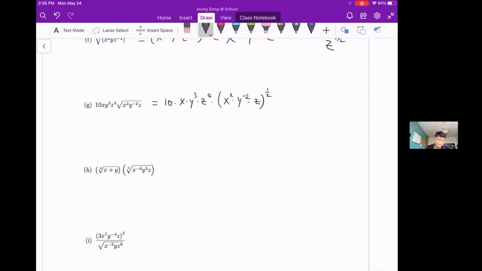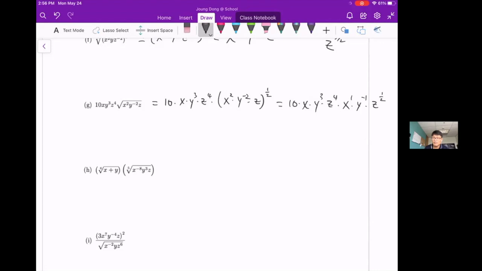Is that okay? Then, since it's the product inside of parentheses, we can take care of the 1/2 for each term separately, okay? It is equal to 10x y cubed z4 and x to the 2 times 1/2, which is 1, and y negative 2 times 1/2, which is negative 1, and z to the 1/2. We are here now, okay?